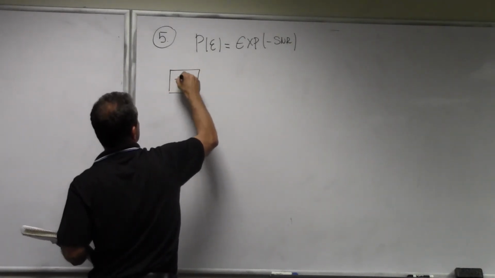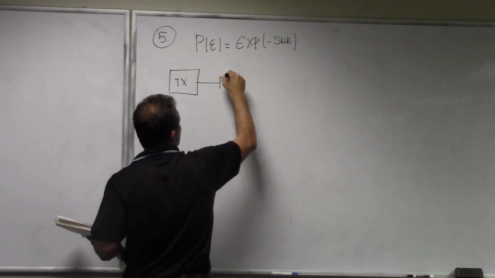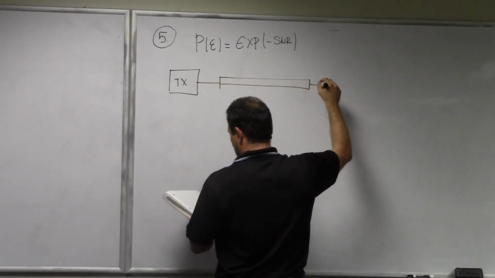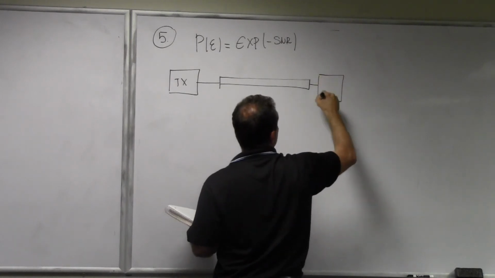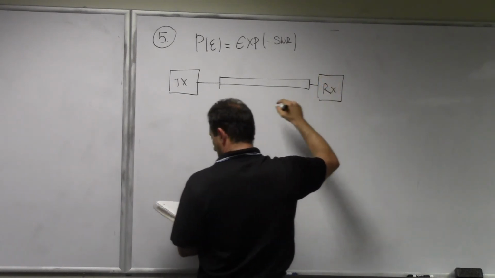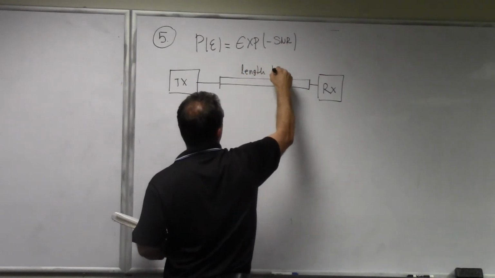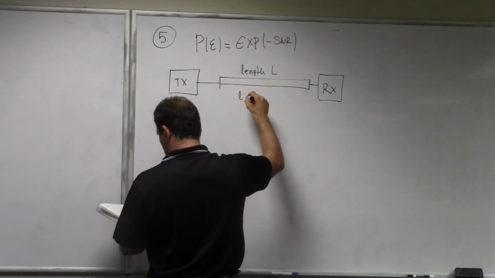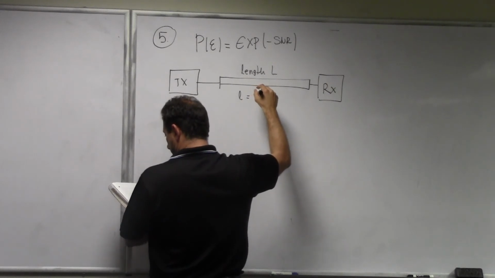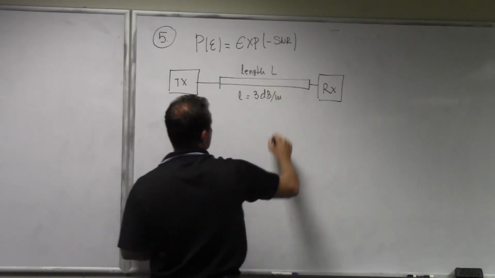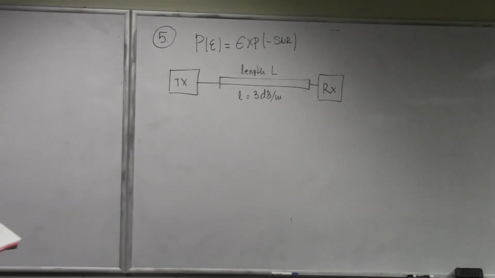So there's a transmitter, then there's a line, then at the end there's a receiver. The line has a length L, and the loss is 3 dB per meter. Right, so this is how much I lose when I put the signal into this line.